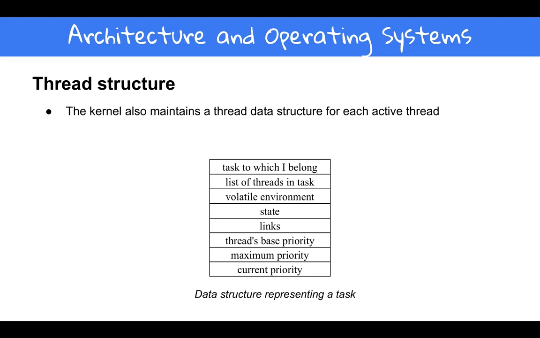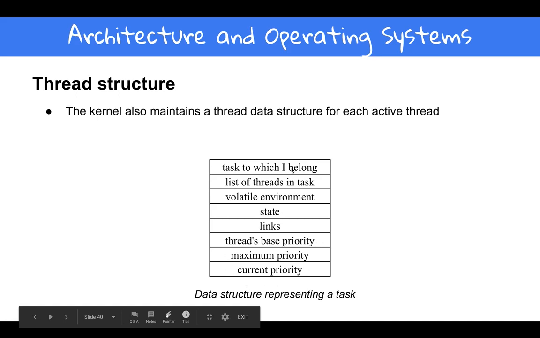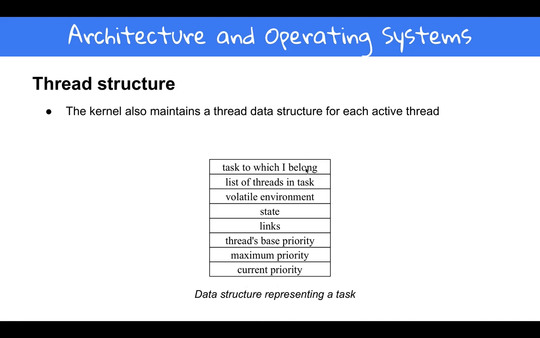What about the thread? The thread structure is something like this. The task to which I belong. You've got to actually have a place to save this information. List of threads in the task. Volatile environment, I will explain that shortly.